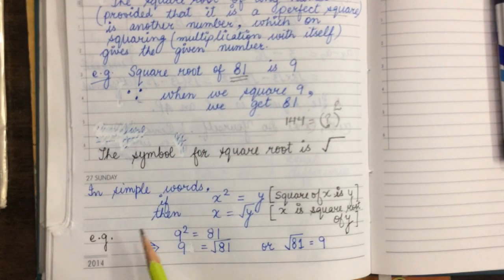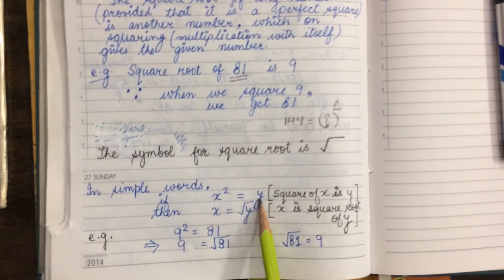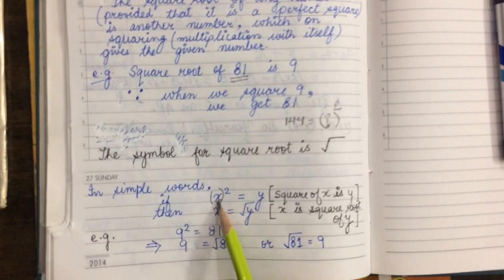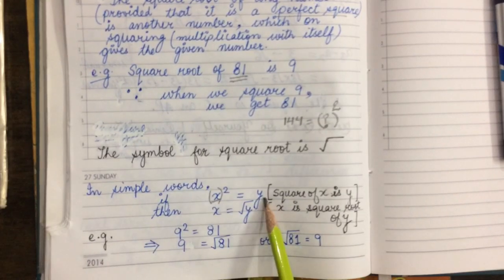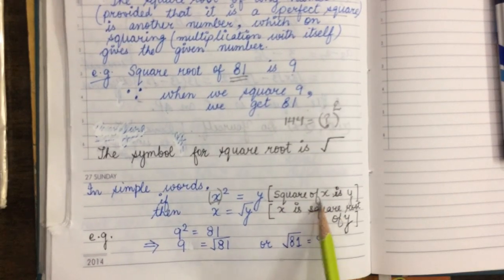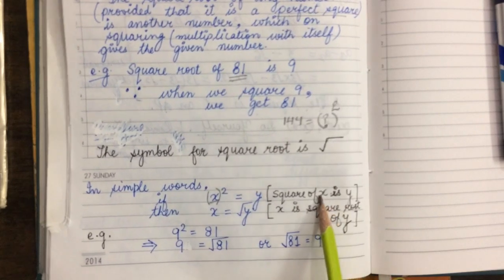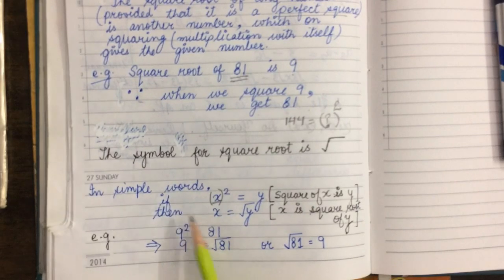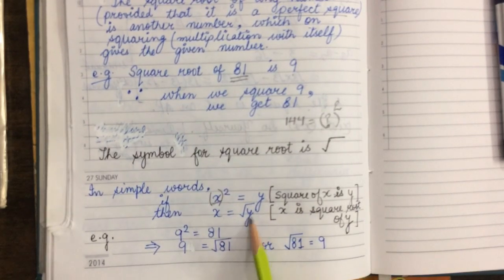Now if I had to state simply, if x square equals to y, so this means if I square x, if I calculate the square of x, answer comes out to be y. This is what I've written. Square of x is y. On multiplying x with x, I get y. Then x equals to square root of y.